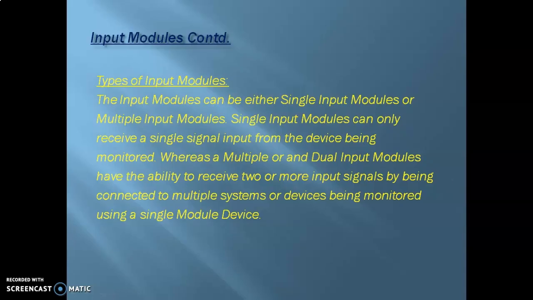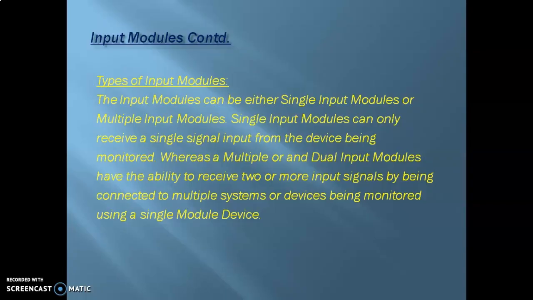Now moving on, we will be talking about the different types of input modules that are commonly used. First of all, input modules can be either single input modules or multiple input modules. Now, single input modules can only receive a single signal input from the devices that are being monitored. That could be a number of devices, but it will just receive a single signal that will be monitored by the single module.